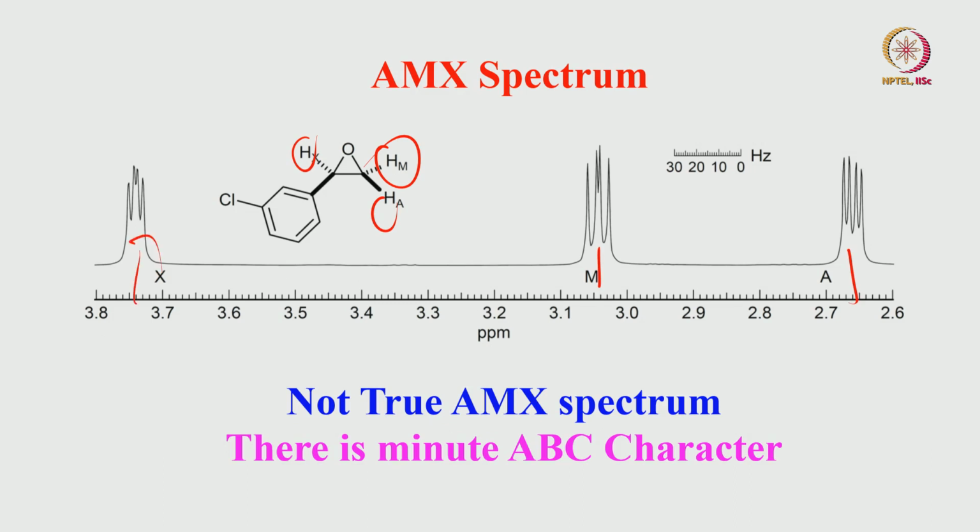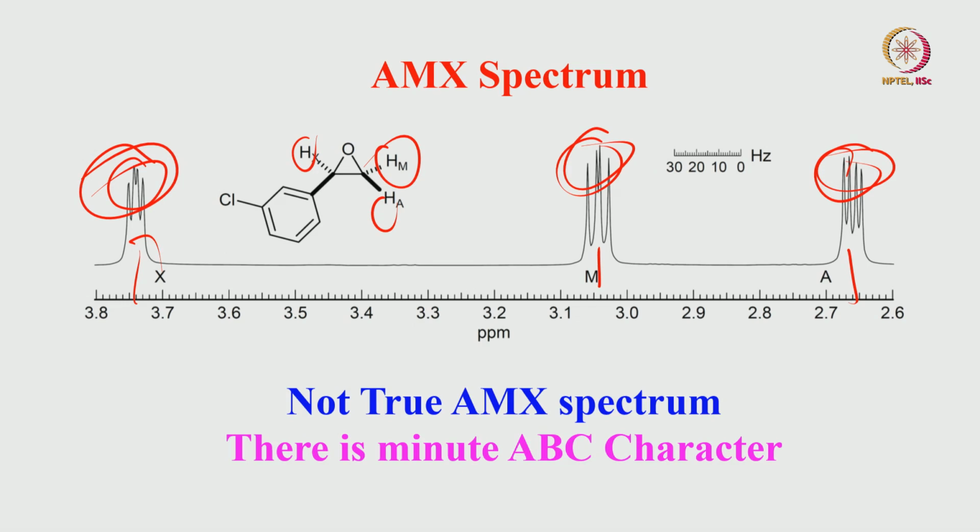It appears like AMX because there are no additional peaks like ABC, no combination transitions are seen here, only 12 peaks. But if you look carefully, they are not of equal intensity. That means there is a minute ABC character. In principle you can analyze it and get the J coupling and chemical shift information, but if you are a hardcore NMR spectroscopist, we do not accept it because it is still not AMX.